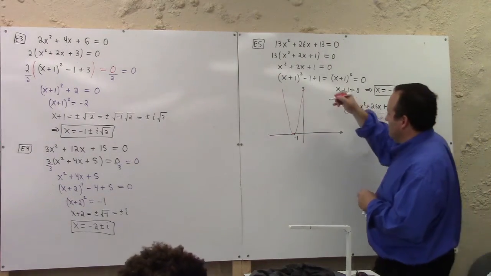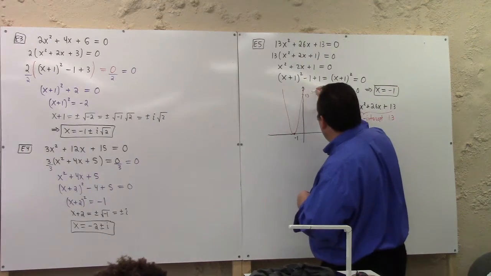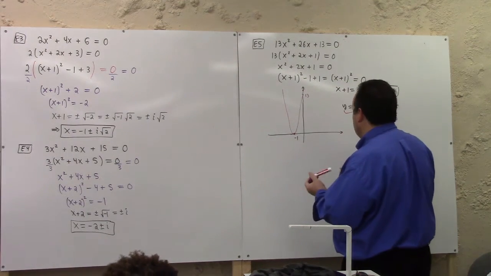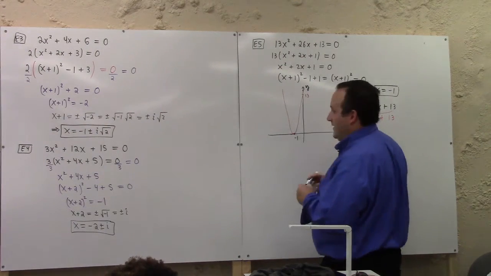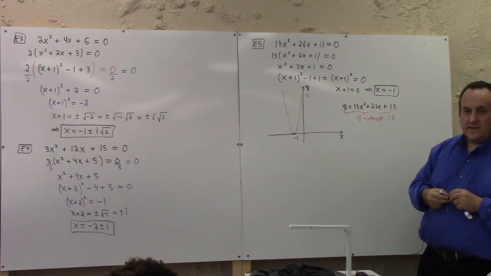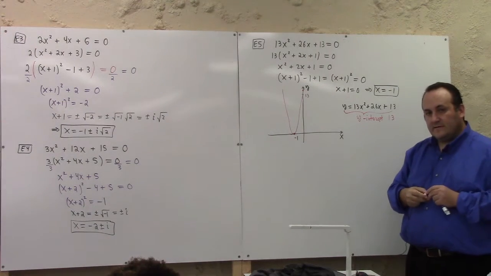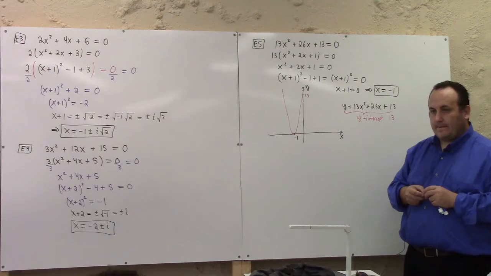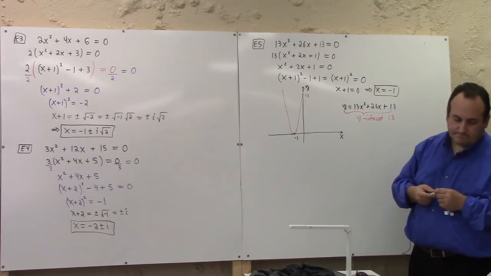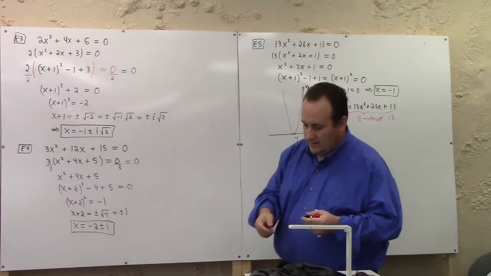And so this is 13 up here, right? So if I ask you to label interesting features of the graph, well, what are interesting features of the graph? Y-intercepts, x-intercepts, the vertex. These are the interesting features, right? Any questions?